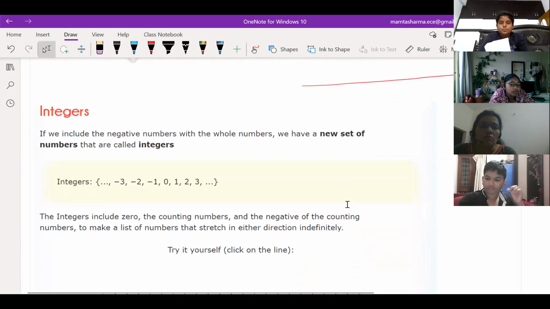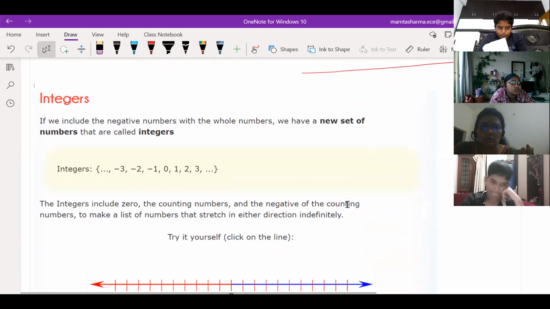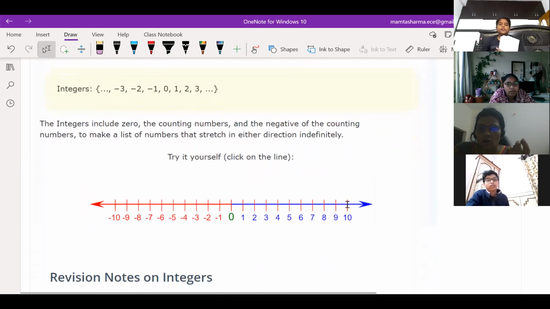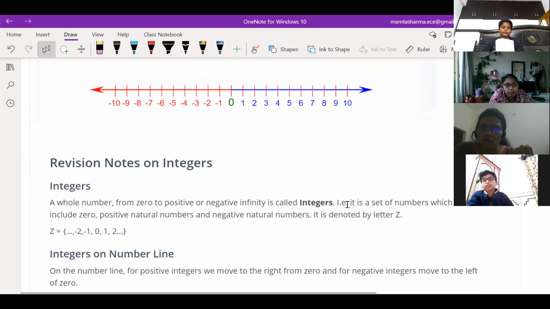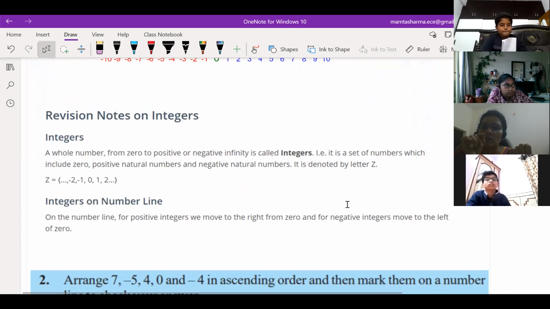Now, what is an integer? Integers are negative numbers and positive numbers along with 0. Correct. And what is the symbol used to denote the integers?